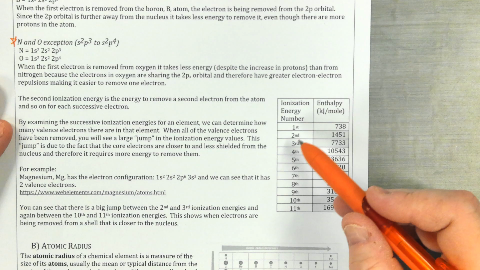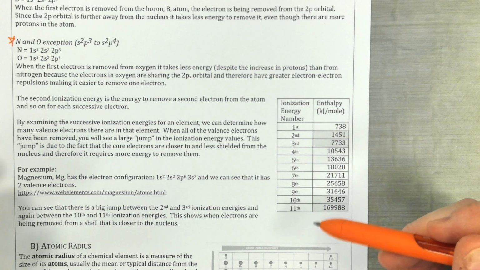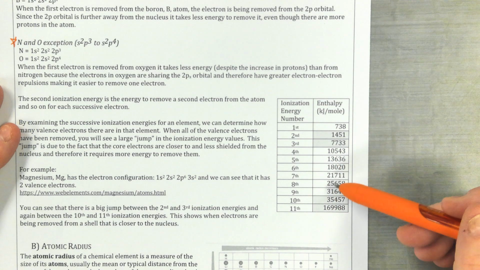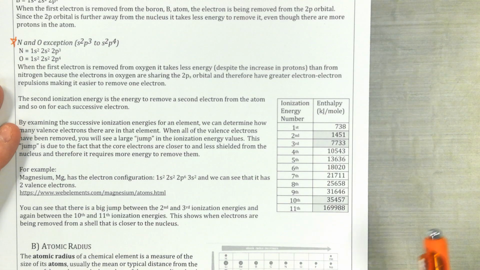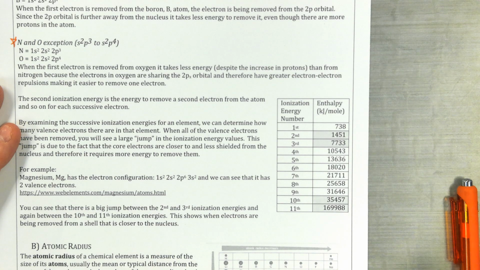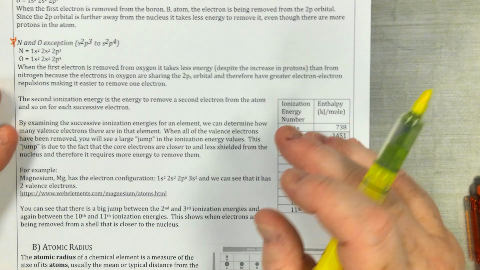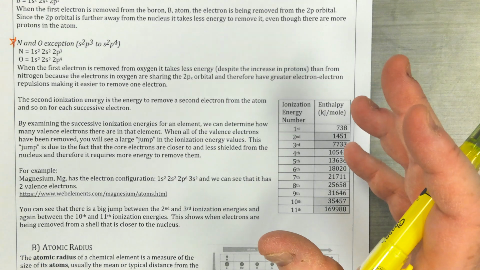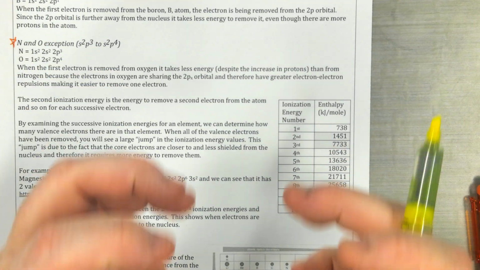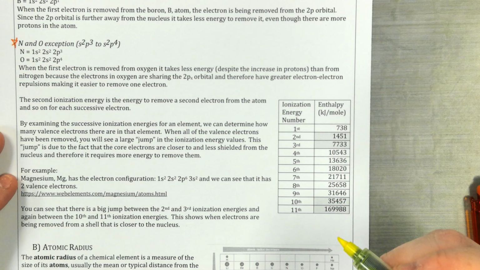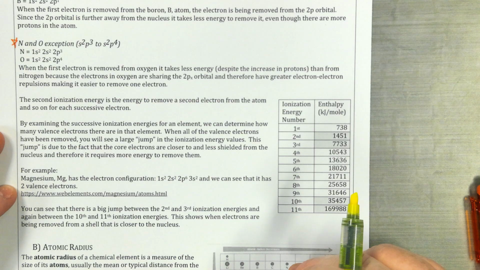So why, as we go up in number, does the ionization energy jump so much? Well, that's because you're removing more and more electrons. So the fewer electrons there are, the more powerfully those protons can pull on those electrons. And that's really what ionization energy is.